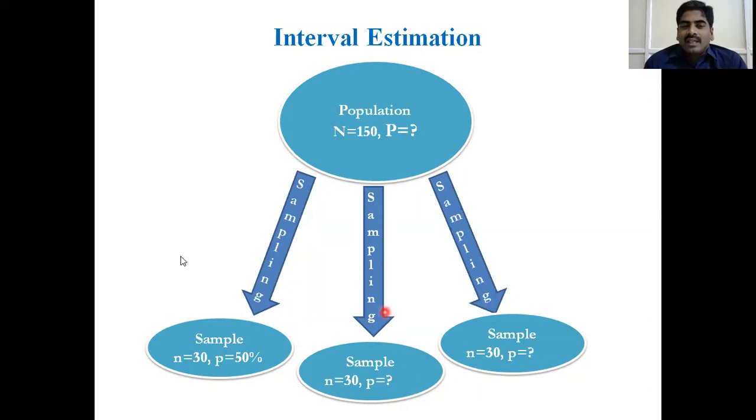But here, this is not an individual observation, this is a statistic. Statistic means any statistical calculation in the sample. Any statistical calculation in the population is called the parameter. Here capital P is the parameter, and small p is the statistic.